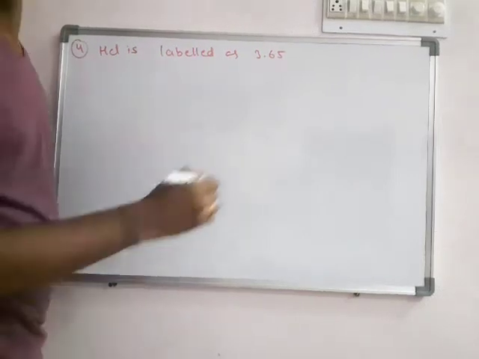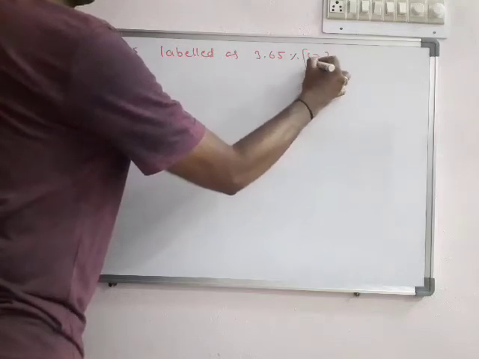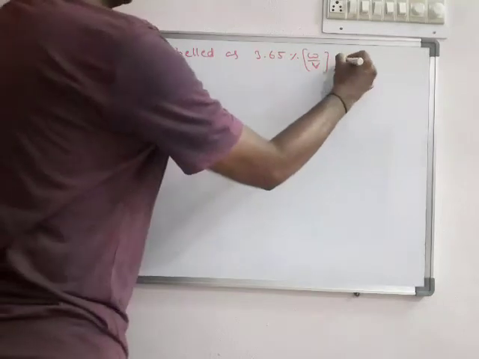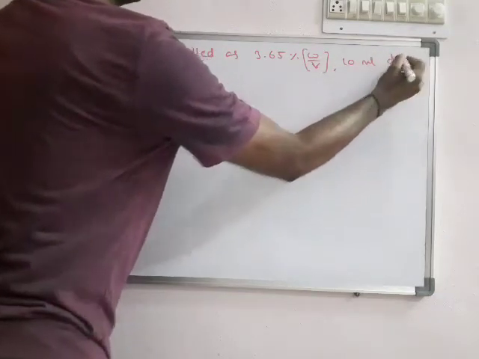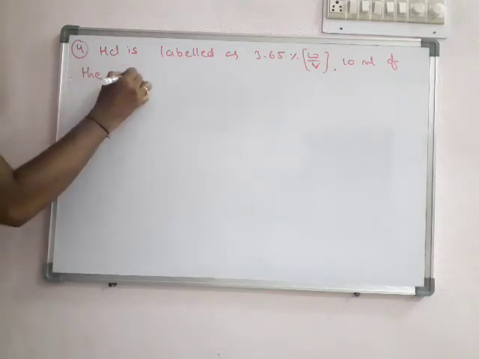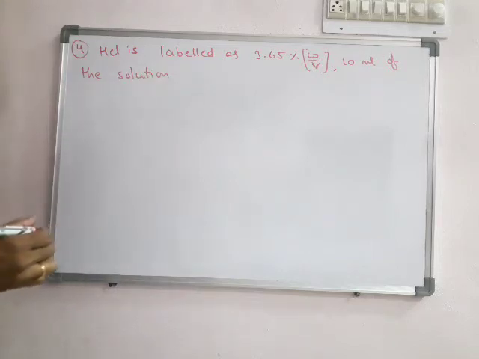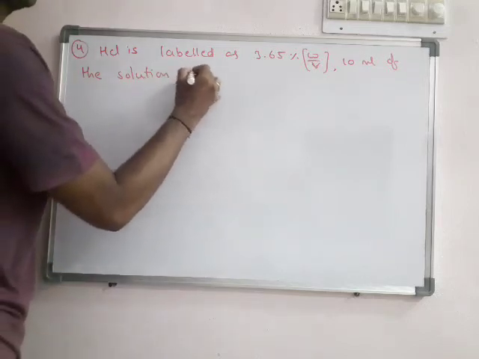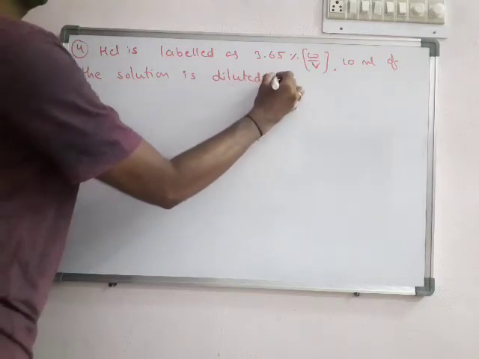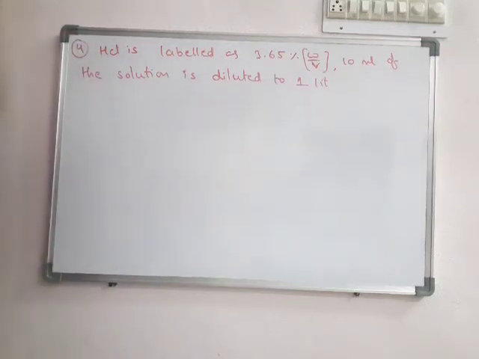It is given 3.65 percentage weight by volume. It is given that 10 ml of the solution, nothing but the labeled solution, is diluted to 1 liter.